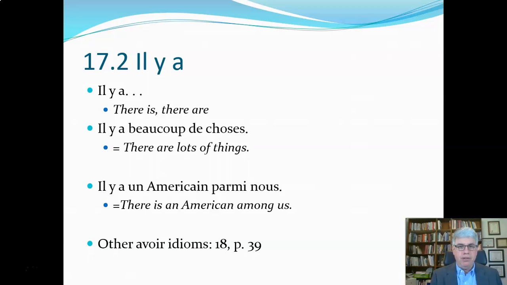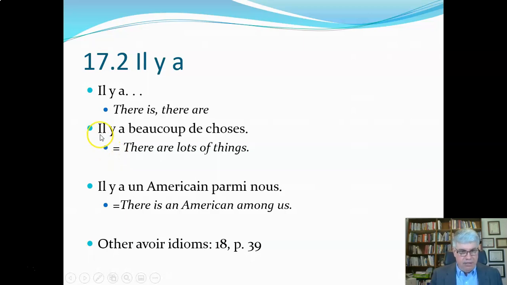But what you want to note now is that there's this three-word expression, il y a, the y is pronounced like e, a, quite often, and that means there is or there are. Now the verb a is always singular, but we'll translate it there are if what follows is plural.